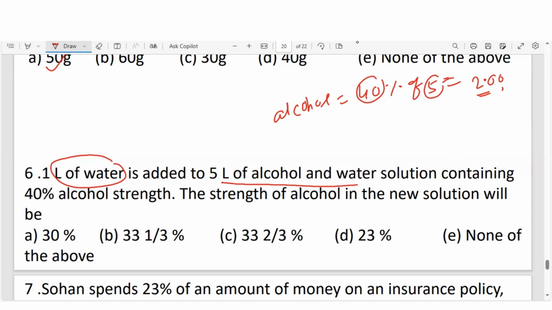Now your question is what the strength of alcohol in the new solution will be. Strength means the percentage of alcohol. There is only 2 liter of alcohol in the solution, and we have added 1 liter of water. The solution was 5 liter already, plus 1 liter of water, so the total solution becomes 6 liter.